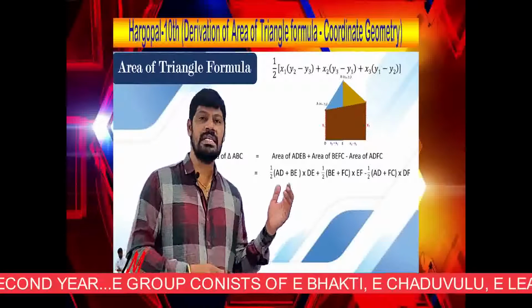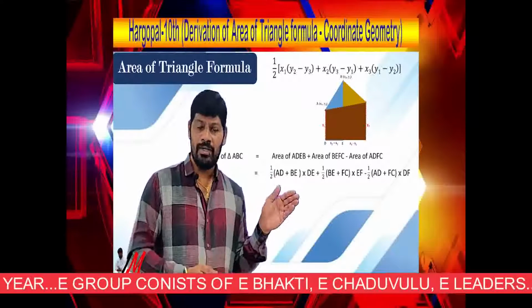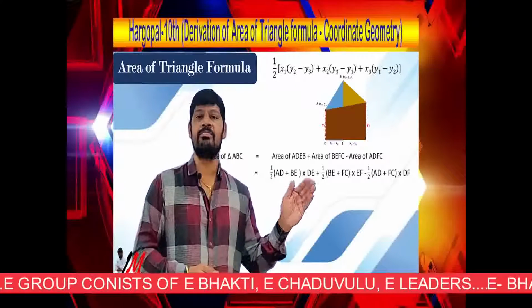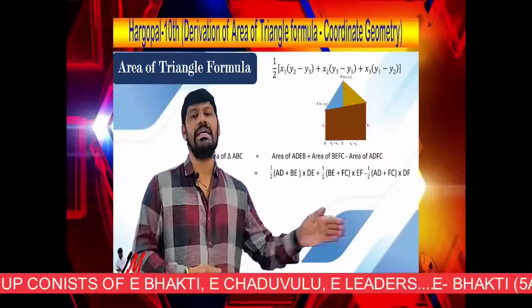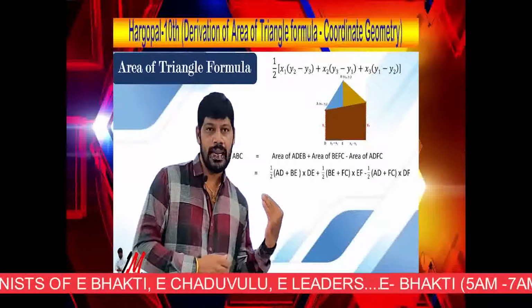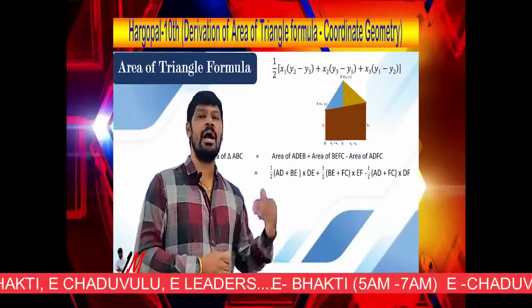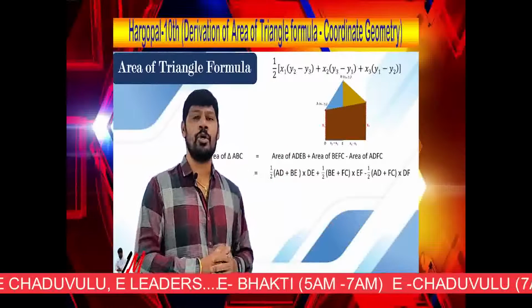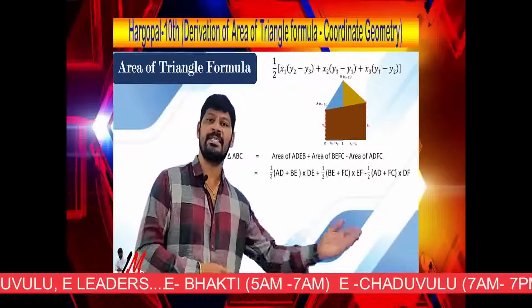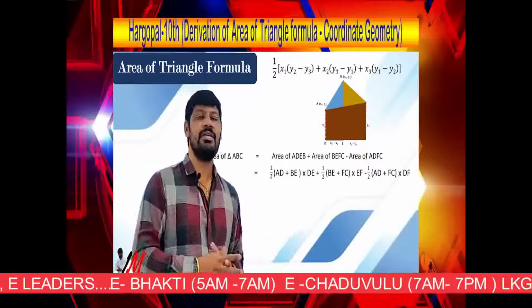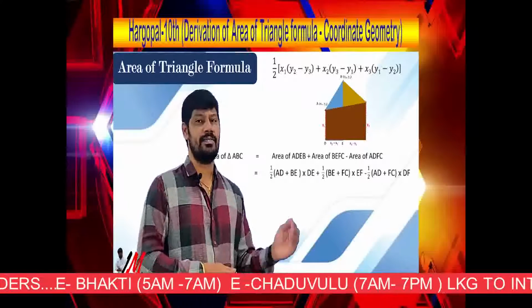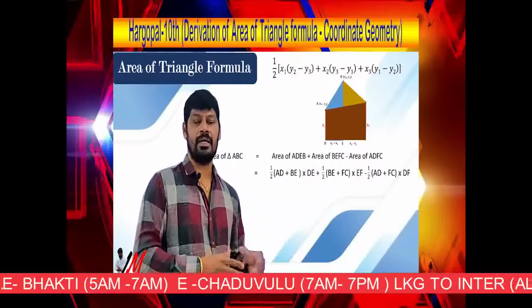So now you can see clearly half into AD plus BE into DE is nothing but the area of trapezium ADEB, right? Now the area of BEFC: half into BE plus FC into EF, where EF is going to be the height of that particular trapezium.